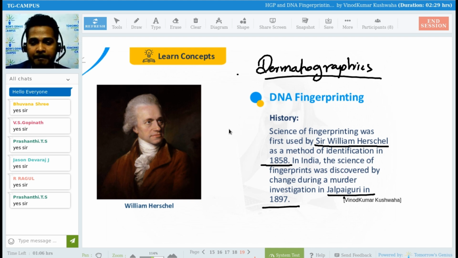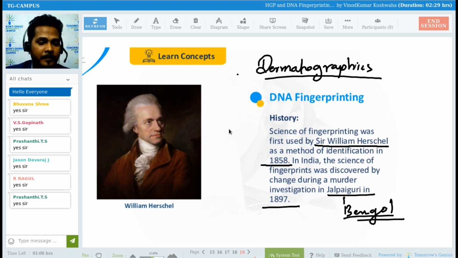You know Bengal? Are you not all responding? What happened to all? Is there any problem? Then no one is responding? Okay, so it is in Bengal.